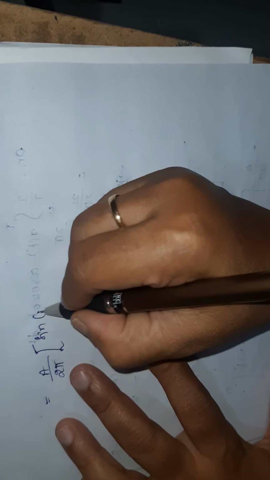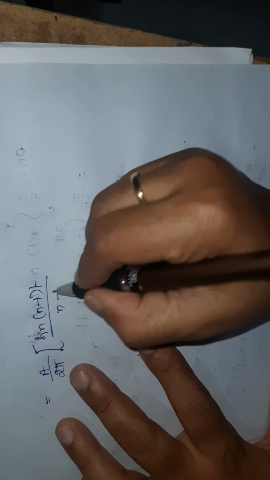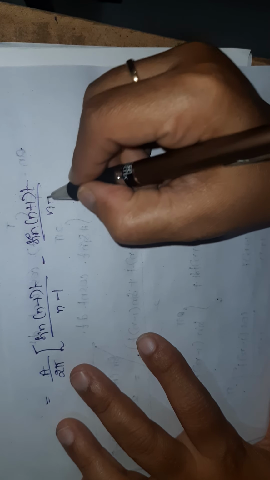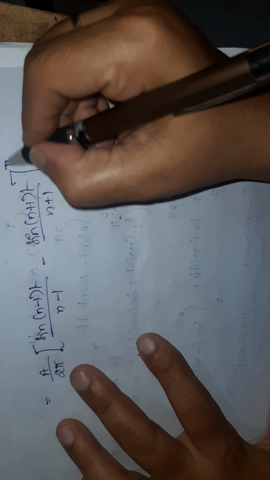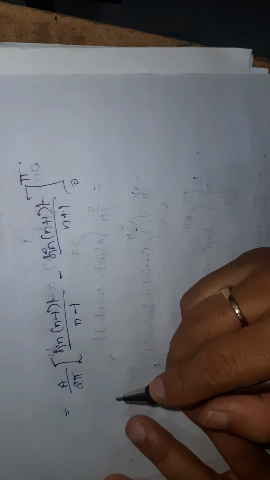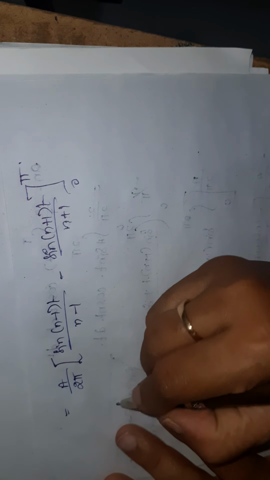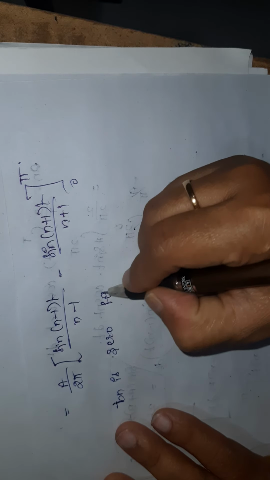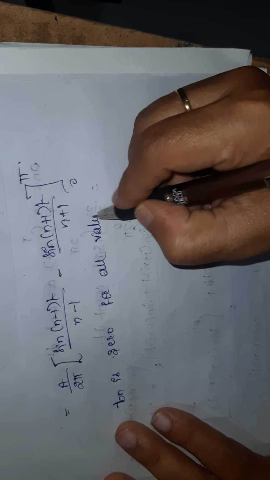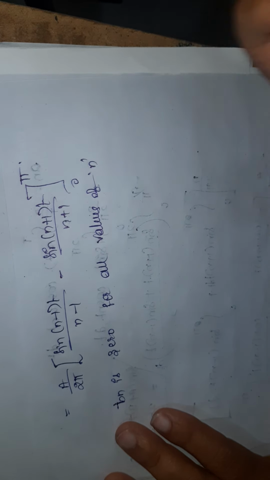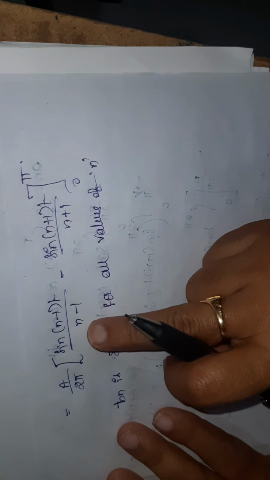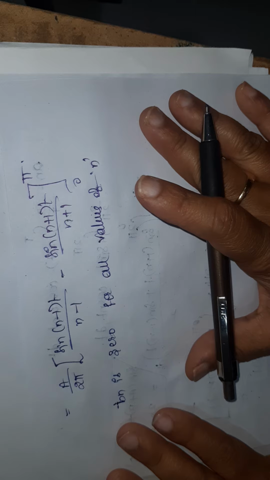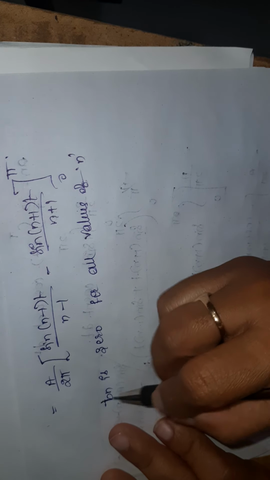So sin of n minus 1 into t by n minus 1 minus sin of n plus 1 into t by n plus 1, integration 0 to pi. So this value bn is 0 for all values of n. So whatever the value you are going to substitute for n, you will get total term 0.